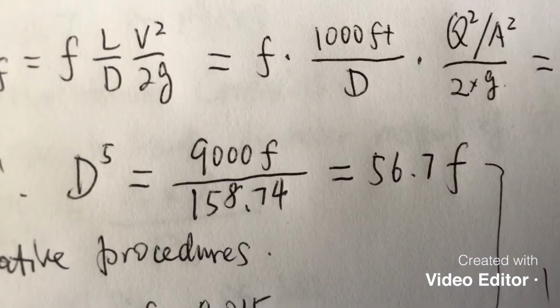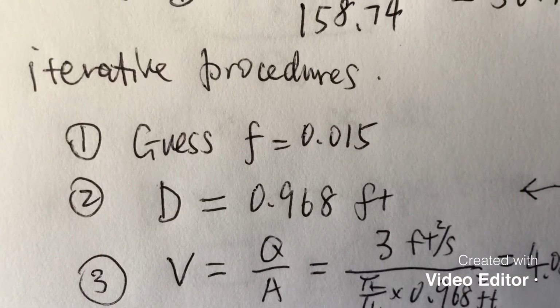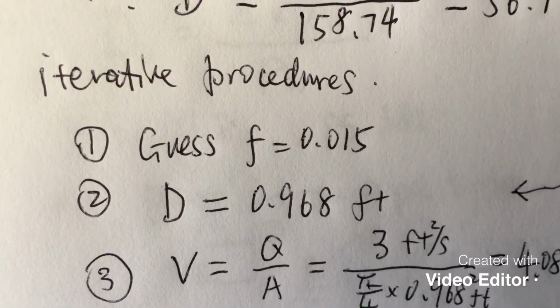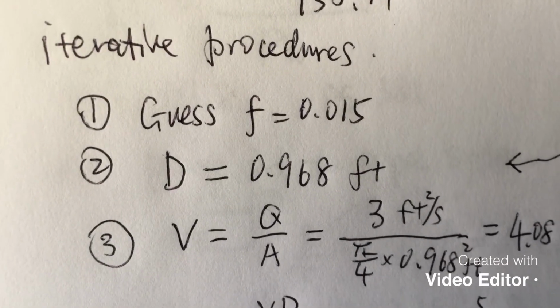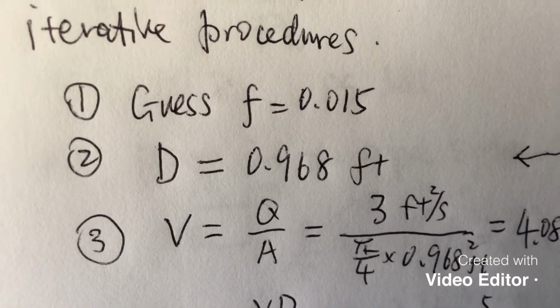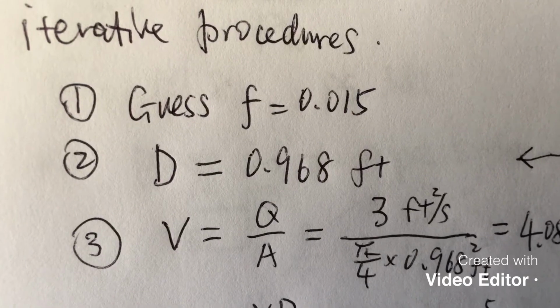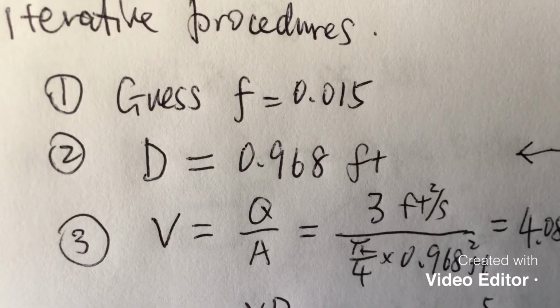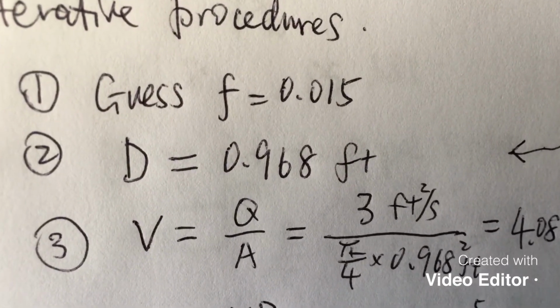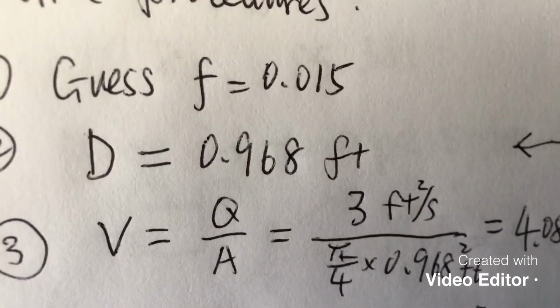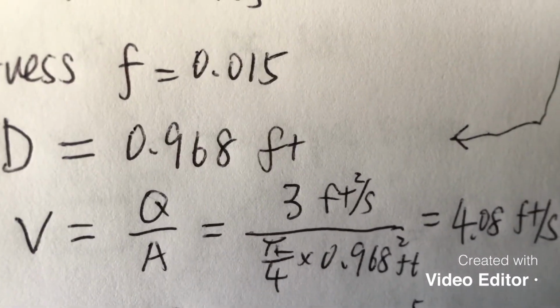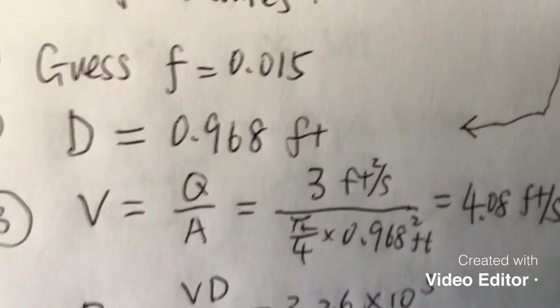Based on this equation, D can be calculated as 0.968 feet. With the knowledge of D, we should be able to calculate our velocity, because eventually we're going to use the Moody diagram bottom axis. Velocity is the flow rate divided by cross-sectional area. We have a D now, so our velocity is 4.08 feet per second.